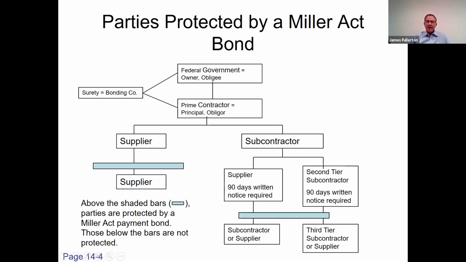And the federal case law has been that a supplier is not a subcontractor. It's a definitional thing. The courts have decided that a subcontractor is defined as somebody who's on site performing a particular portion of the work.